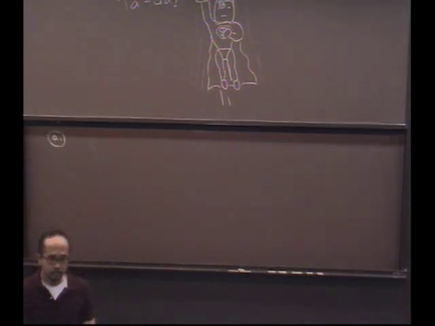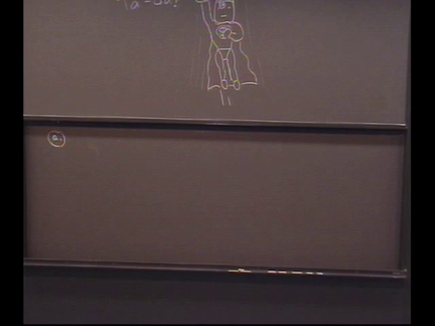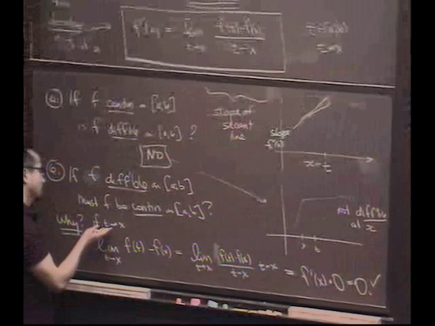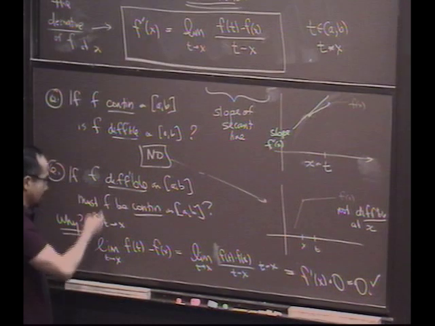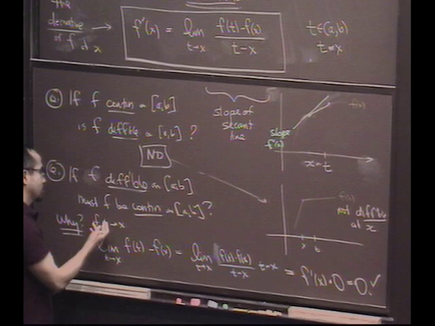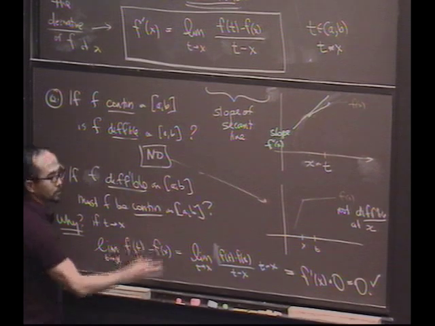For continuity, we need the limit of f of t going to f of x, but we also need, what am I saying? No, never mind, go ahead. Yeah, so remember one of the equivalent definitions of continuity is that a function is continuous if for any convergent sequence, or in this case, think of this if you like as a sequence of points converging to x, limit of f of t converges to f of x.